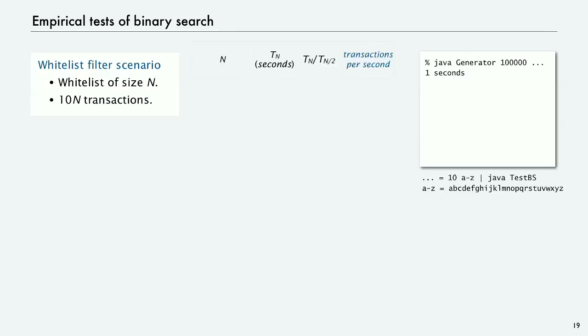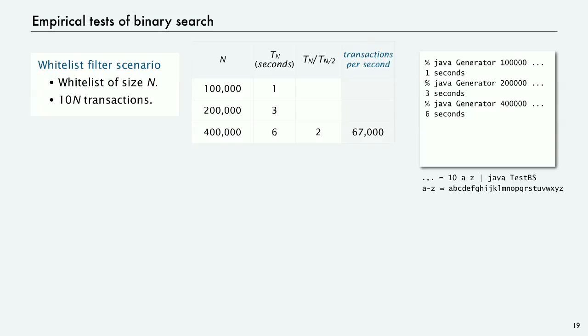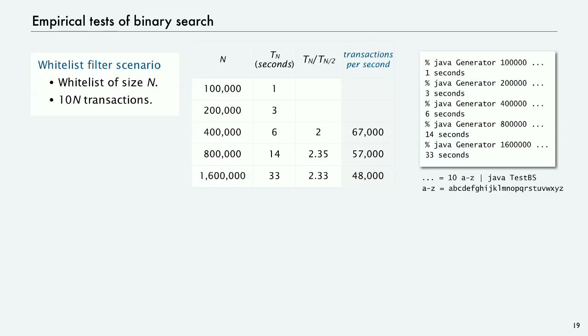So in this case, for 100,000, it takes just 1 second. For 200,000, 3 seconds. For 400,000, 6 seconds. And now our ratio is a lot closer to 2 than 4, and we can go up to 1.6 million, and it's only taken 30 seconds.